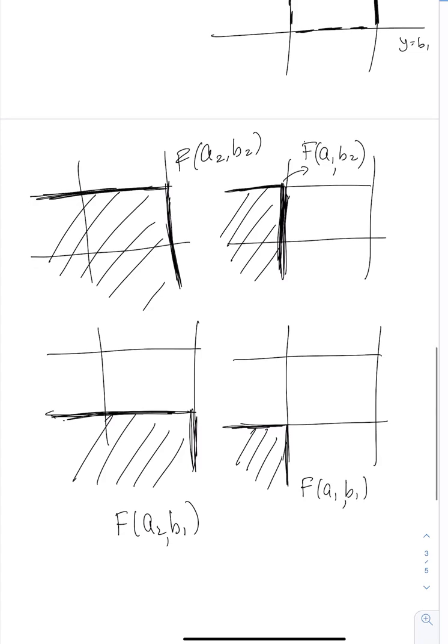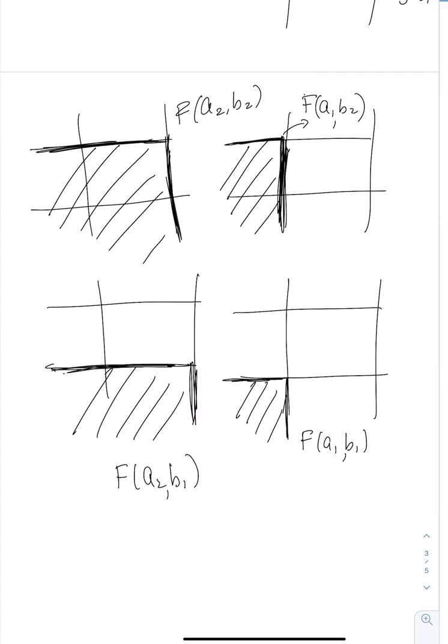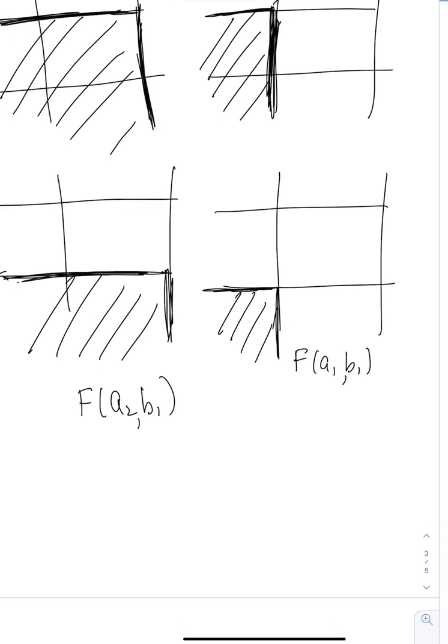Okay, so the probabilities of x comma y being in regions below and to the left are given by these.